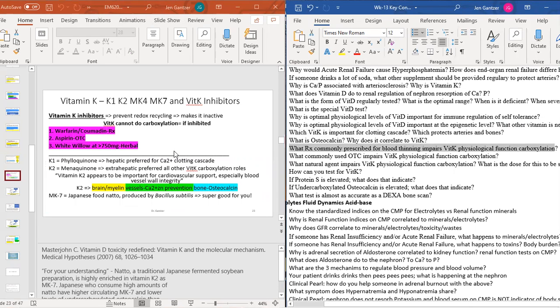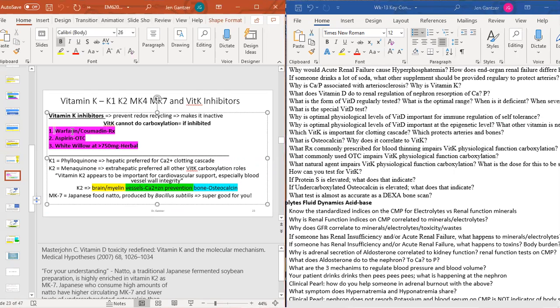And then even baby aspirin is enough to do this mechanism we're about to discuss. However, because white willow is a natural source of salicylic acid, it too, when it's greater than 750 milligrams in one dose, all of these have the same mechanism of action.